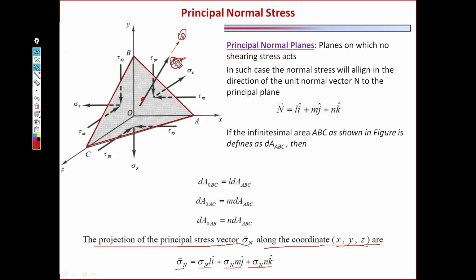There was an angle between the unit vectors and the directions of the normal stress on that particular plane, but over here the directions of the principal normal stresses are aligned with the unit vectors of this particular plane, that is plane ABC.